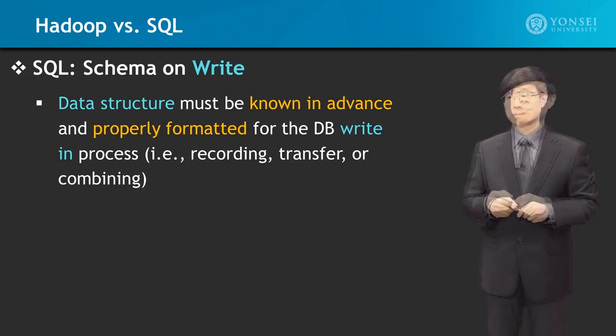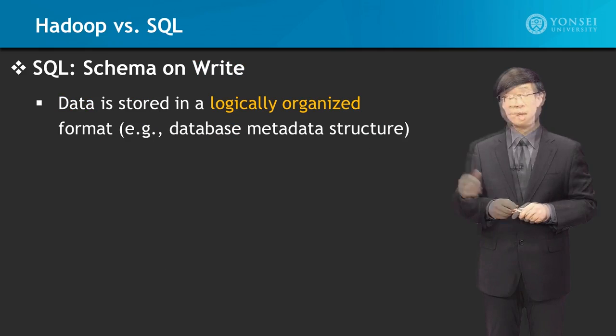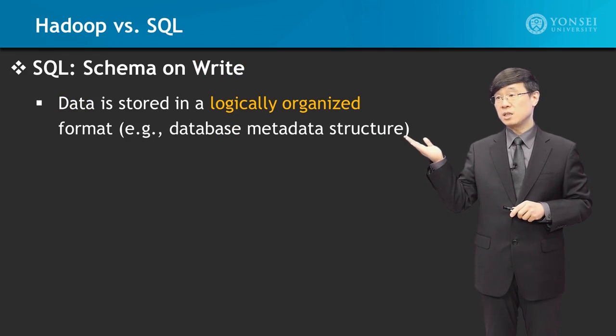Schema on write. All analysis processing database parts need to be fully completed, and then the distributed process parts can be collected and combined. Data is stored in a logically organized format, which is the database metadata structure.